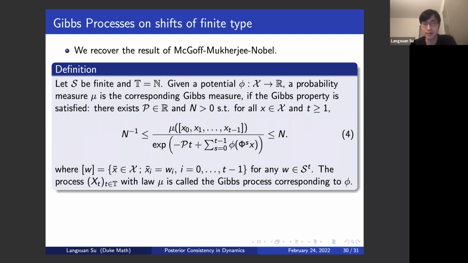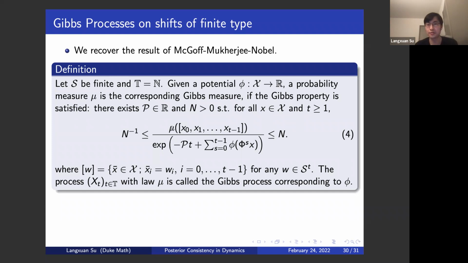And then what is a Gibbs measure? It basically means that if you look at cylinder sets of this form, which means those sequences with the first coordinate equal to x0, the second one equal to x1, and so on, then if you measure these cylinder sets, the measure is almost exponential, equivalent to an exponential of some constant called pressure times t, plus some partial sum of phi applied to shifted x. This phi is called the potential.